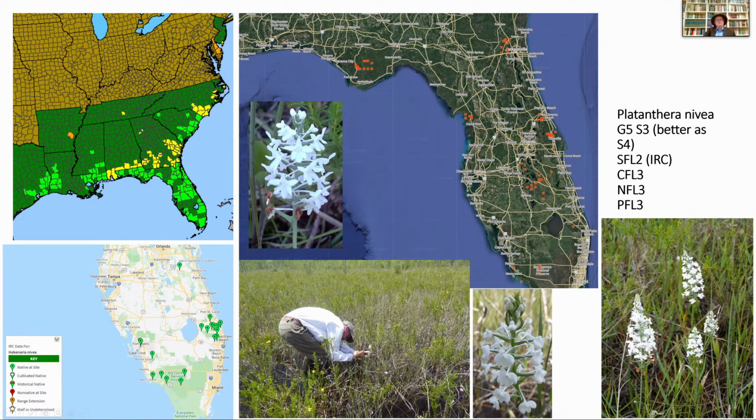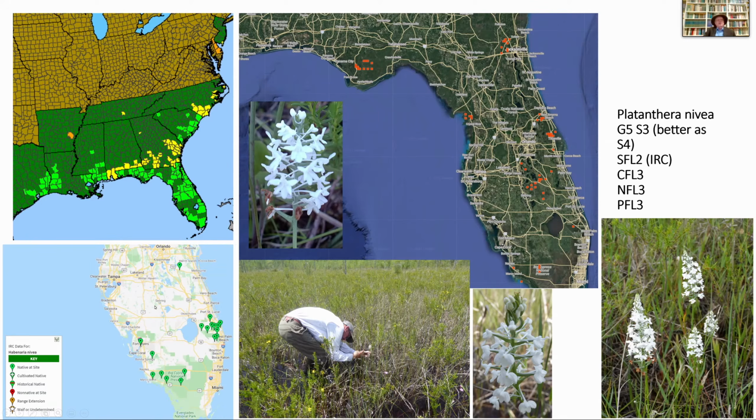This is from the Biota of North America program website, where if it's rare in a state, the counties are colored in yellow. If it's gone from a state or extirpated, it's colored in orange. So this species is extirpated from Delaware and from Arkansas. It's rare in North Carolina, Georgia, Alabama, and it's not on the rare plant list for the other states where it occurs.